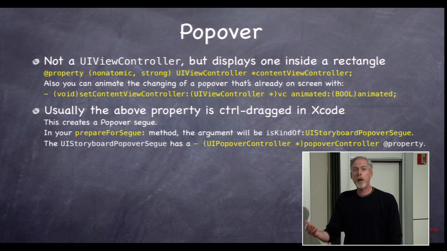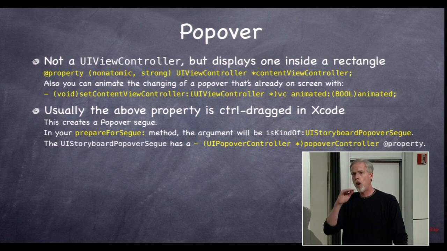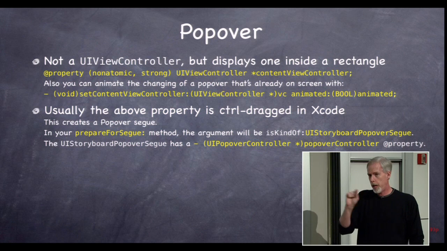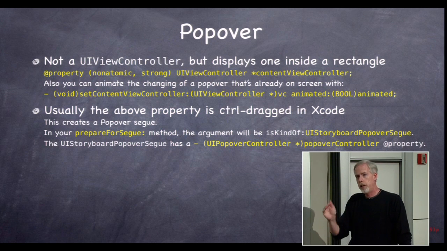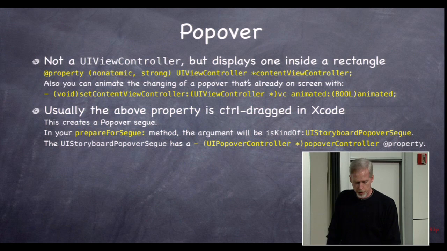When you get prepare for segue with a popover segue, the argument is going to be a UIStoryboardPopoverSegue class. You can just assume when you name your segue that it's always a popover segue, or I recommend you do an isKindOfClass and then a cast, and then you can access the segue property popoverController, and now you'll have the popover controller that's involved in this segue.